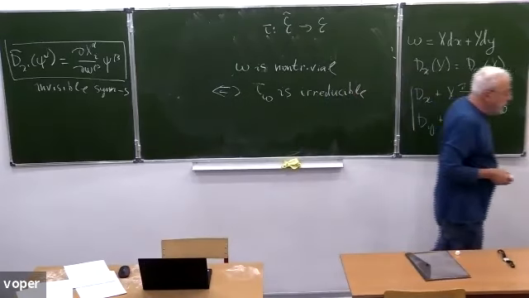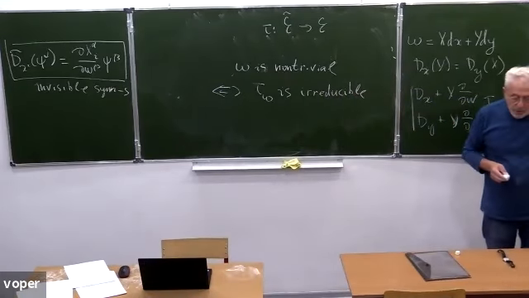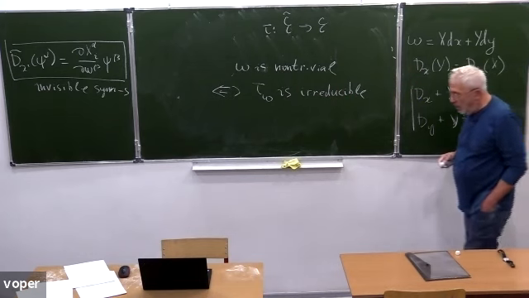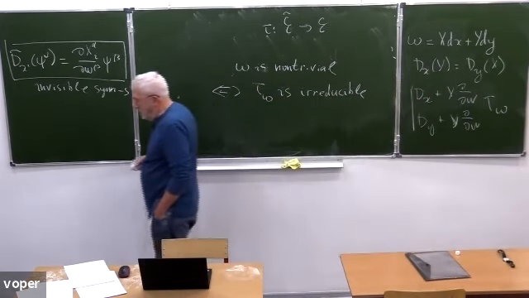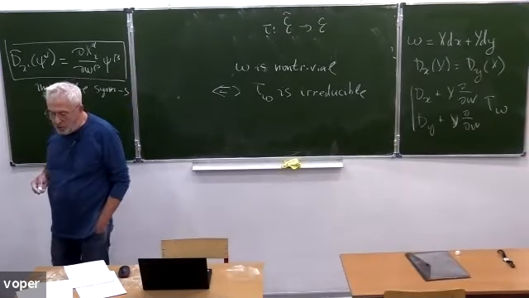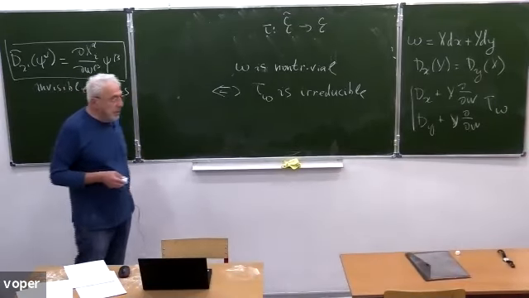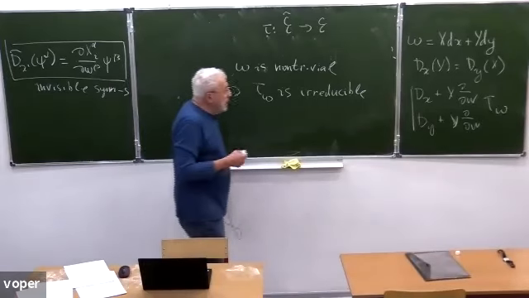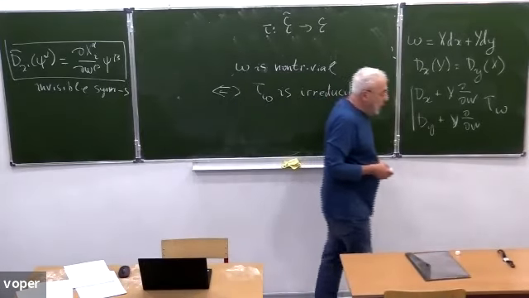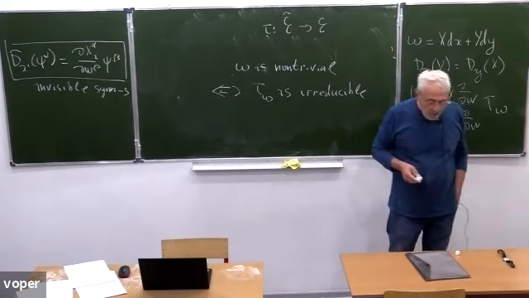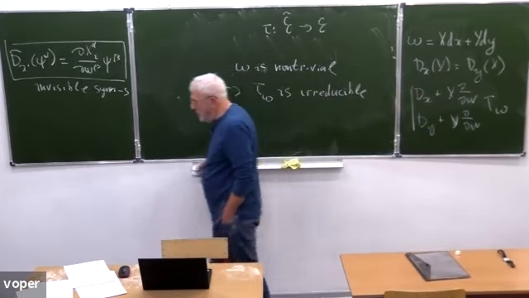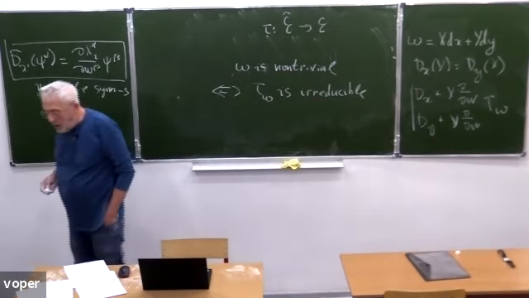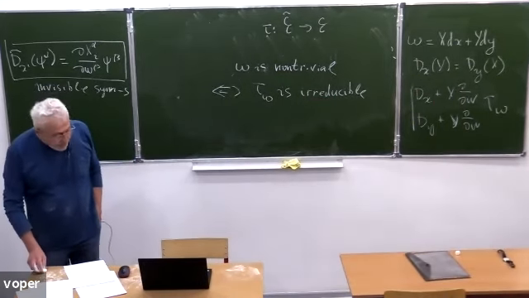So non-triviality of conservation laws is equivalent to irreducibility of the corresponding coverings. Such coverings we shall call abelian. More exactly, one-dimensional abelian coverings.